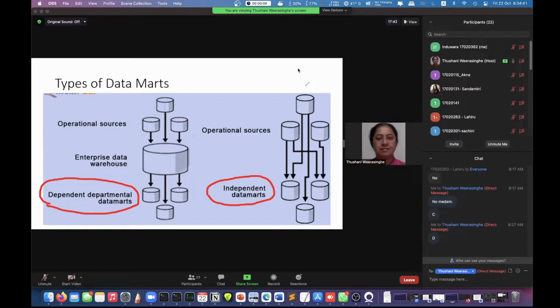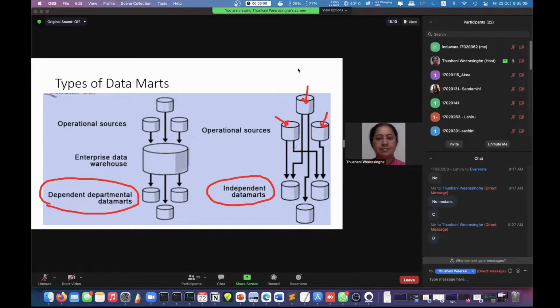Data marts department wise, the finance department, then the HRM, they might be having separate data marts for storing their records. The sales records, sales and marketing, and then HRM, finance and accounting. So they will be storing their data in separate data marts, department wise.